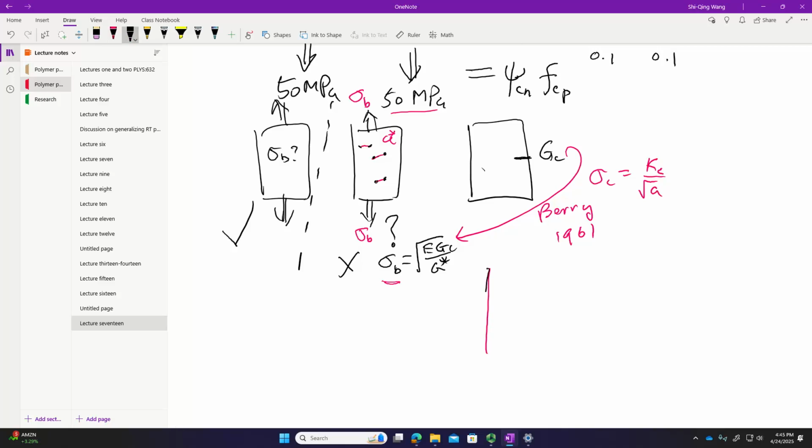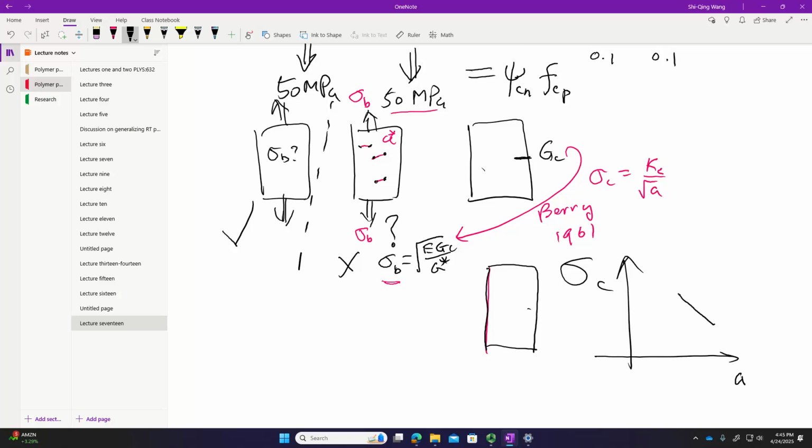We're speaking about speculating the size of the flaw. It's known, or you can patiently go ahead and do this. You make cuts of different size.